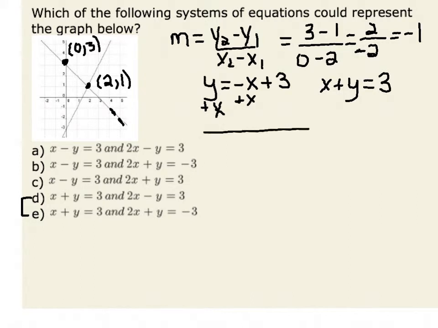Now let's look at our second line, the line with the positive slope. I see that it passes through the point 0, negative 3, giving us our y-intercept, or our b value of negative 3.